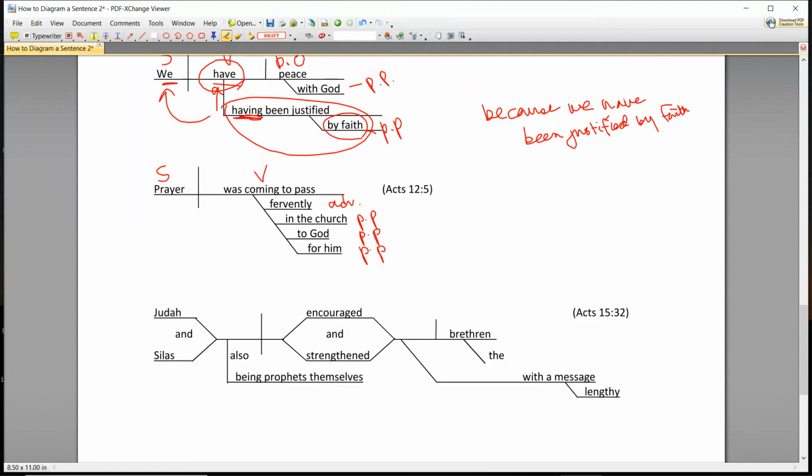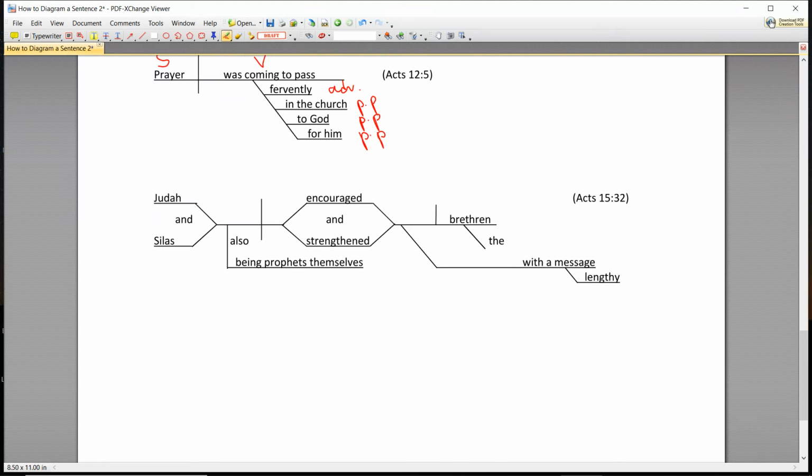Okay, the last one. Okay, look at it. Judas and Silas, also being prophets themselves, encouraged and strengthened the brethren with a lengthy message. Okay, so very long, but who are the subjects? We have two subjects, right?